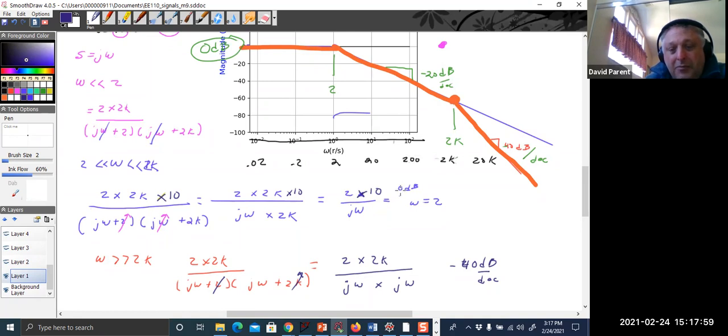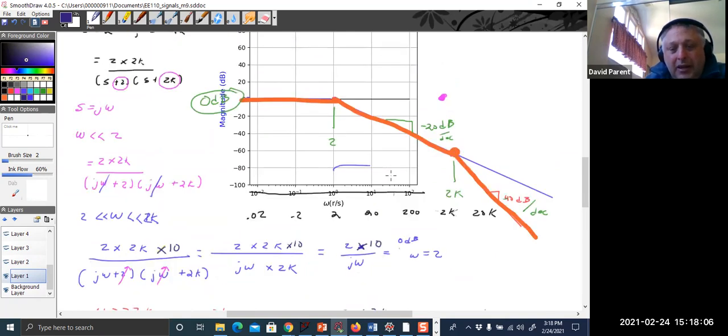It'll be 0 dB at 20. So if I come back here, that's where it'll have to be 0 dB, but it's still in parallel with this line here.